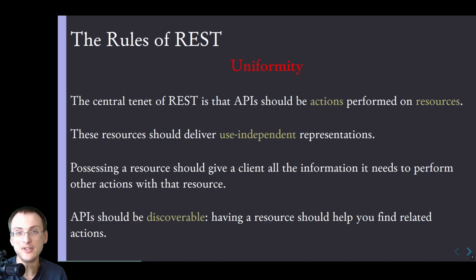In addition, these resources should have some knowledge of what else is out there. Say I am making my application and I've got a grocery store resource that gives back a name of fruit and a price and what department it's in. Under REST, I might choose to make that department a link to another endpoint.